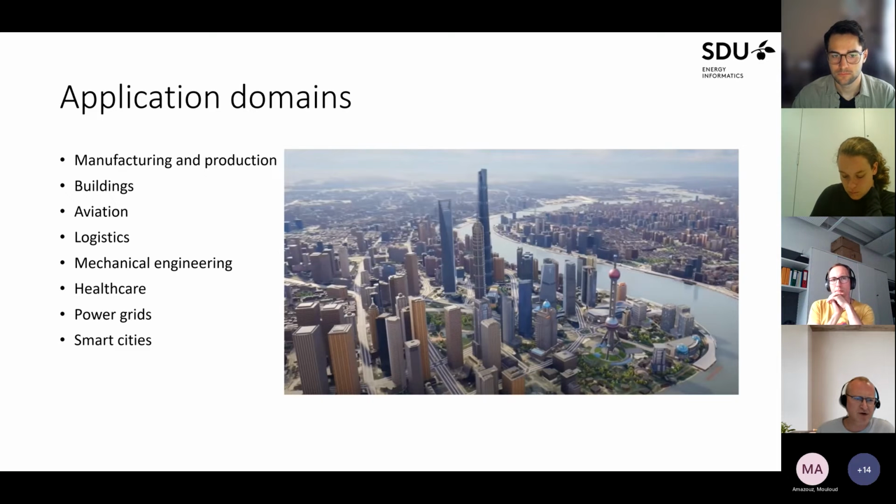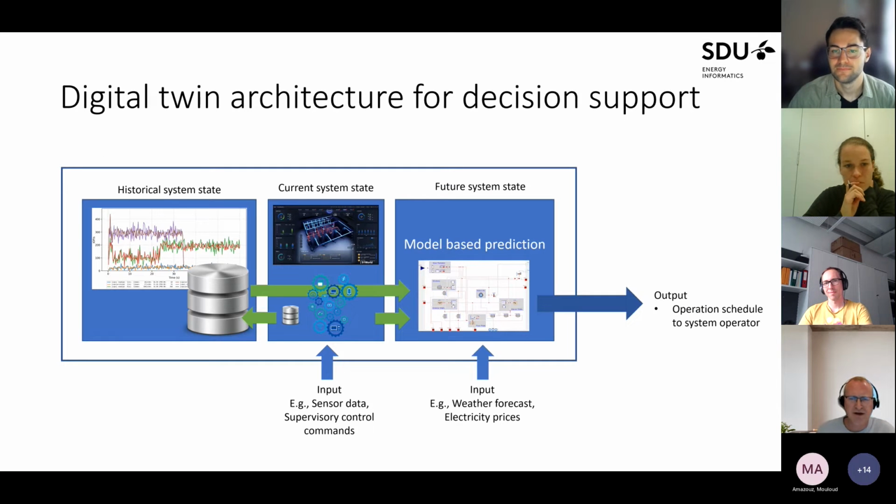And I have to say, to our surprise, we found very little published work on digital twins in the energy sector compared with other areas. Of course, it's not a surprise that there's a lot of work in manufacturing and production, and also quite a lot in aviation and buildings, but it's underrepresented in the energy sector. But of course, it's just nice because then there's more stuff to do there.